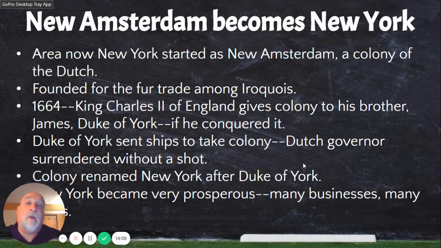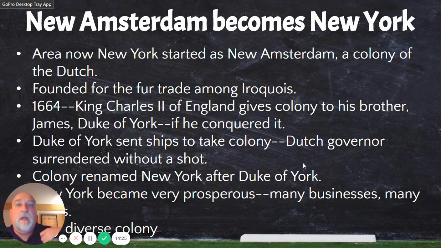It's going to be a very prosperous economic center. A lot of businesses, a lot of small family farms, but it is going to be an economic center. It is also by far the most diverse colony. So if you could walk down the street of what became New York City in 1670, you might hear 10 or 15 different languages.